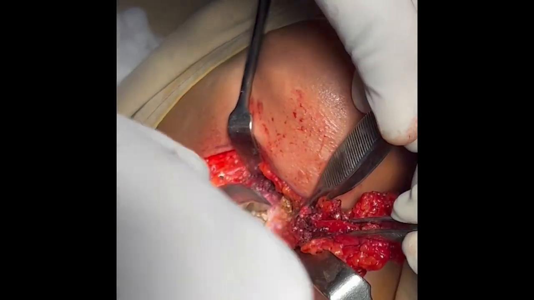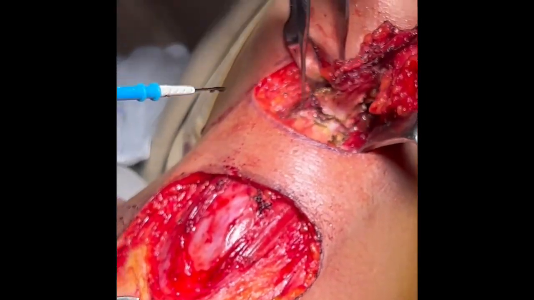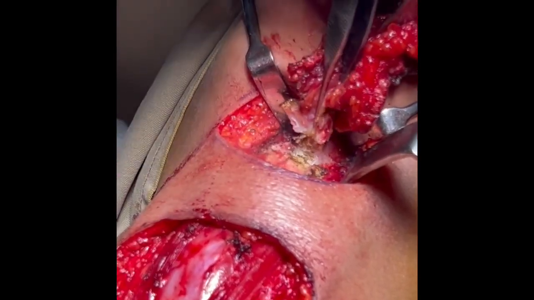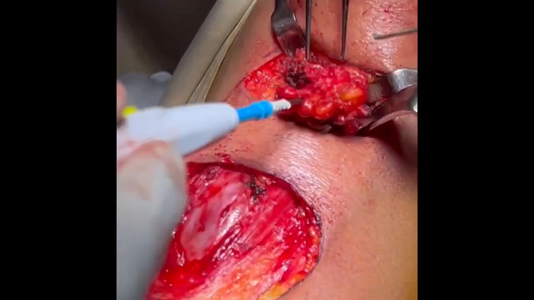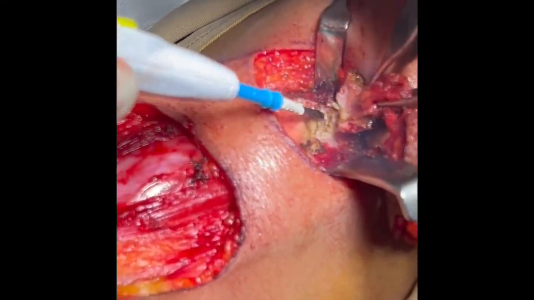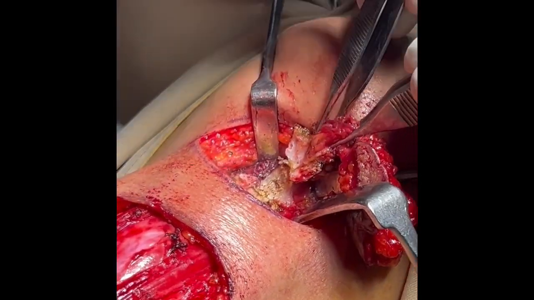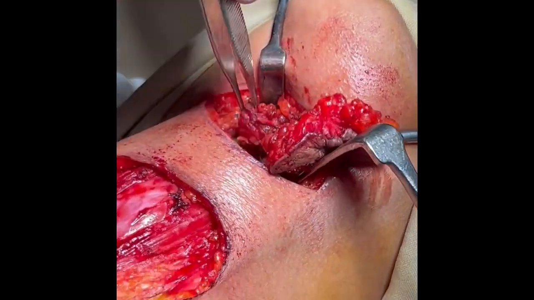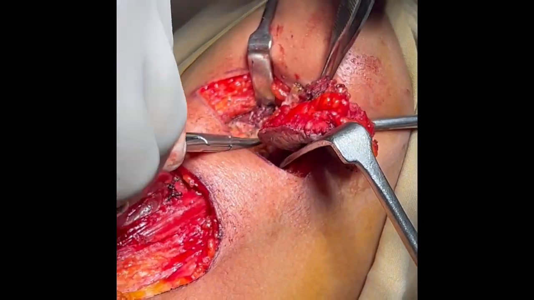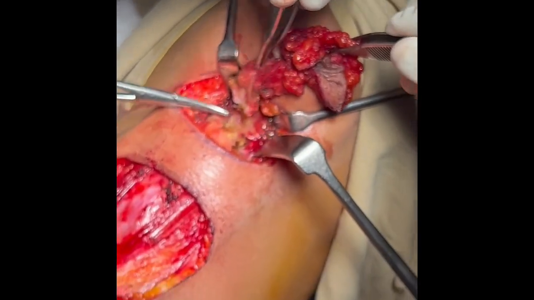So consent for this case includes bleeding, wound infection, seroma, scar formation, persistent wound discharge, recurrence of fistula or cyst despite surgery, injury to nerves, most commonly hypoglossal and superior laryngeal nerve, causing tongue weakness or voice changes, injury to surrounding structures including thyroid gland or larynx, difficulty swallowing, pain during swallowing for a short period, neck pain or movement restriction because of the flexion position, need for further surgery if recurrence or carcinoma occurs, and risk related to general anesthesia.